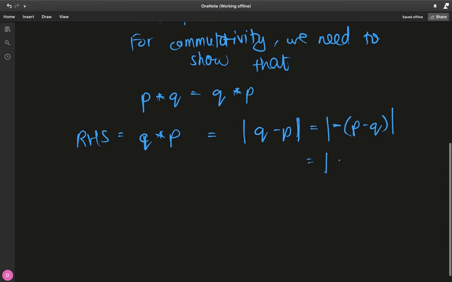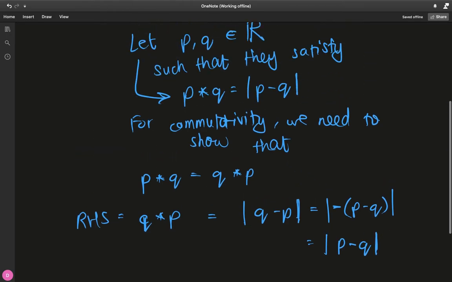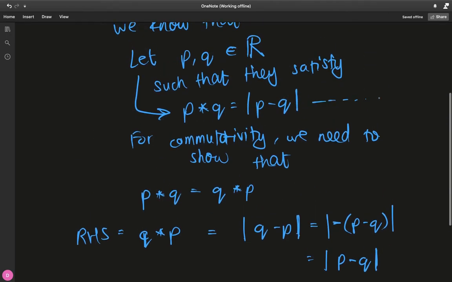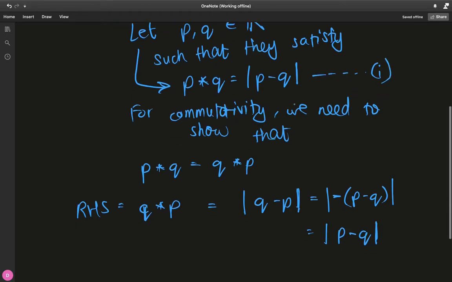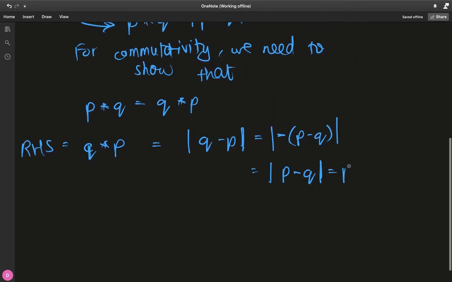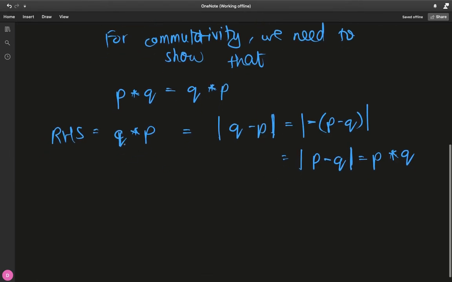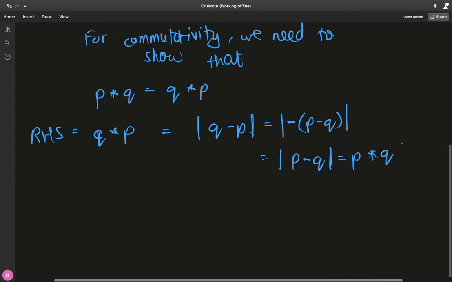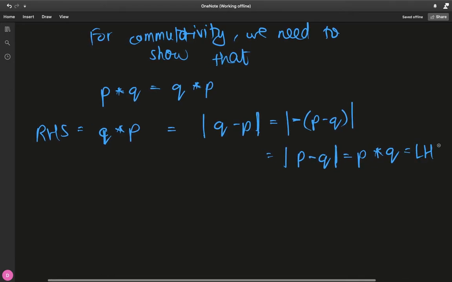So this is the same thing as absolute value of P minus Q, which from this equation 1 we know is P asterisk Q. So the RHS, that was Q asterisk P, is equal to P asterisk Q, which is nothing but the LHS, the left hand side.